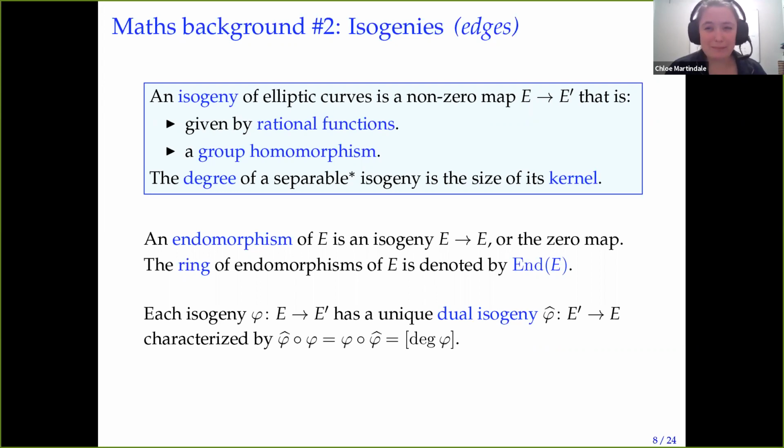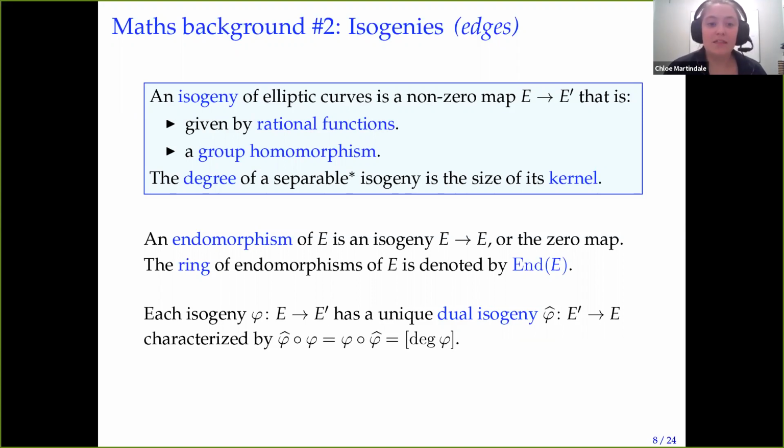There's one more, maybe two more really nice facts about isogenies. Any isogeny phi from E to E prime always has something called a dual isogeny. That's a uniquely defined isogeny, which I'll write phi hat, which goes in the other direction, E prime to E. This is sort of approximating the inverse that you'd have with an isomorphism.